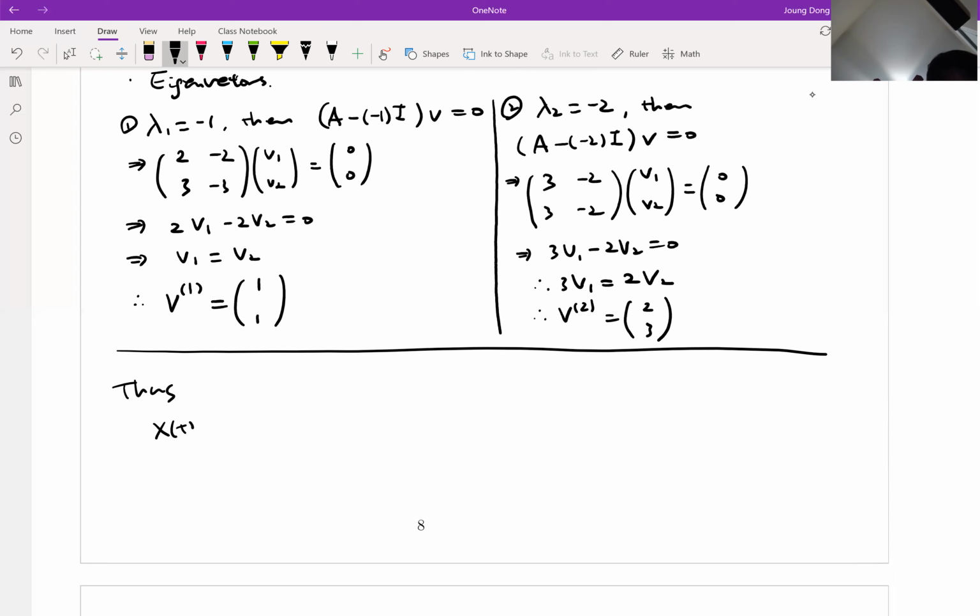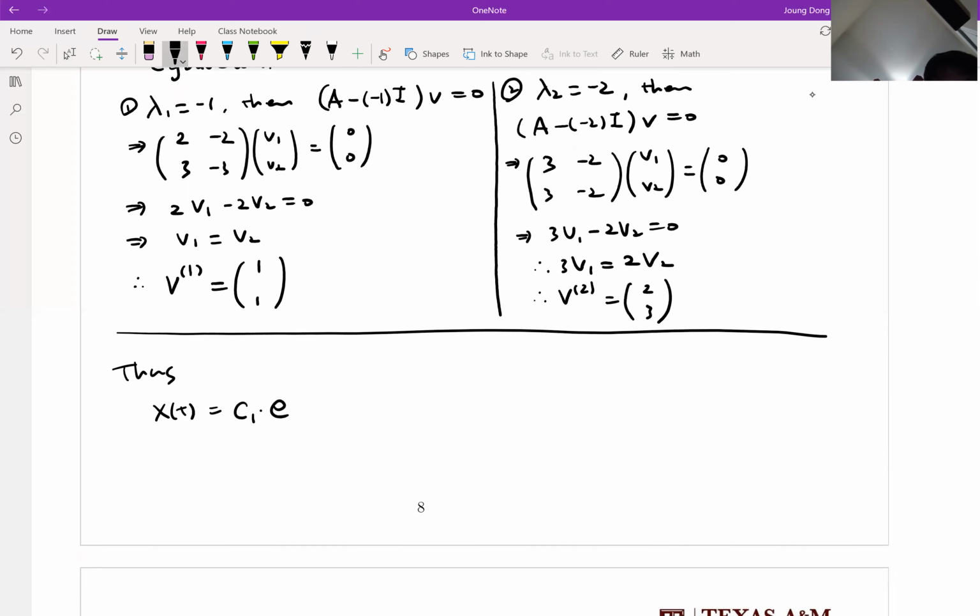My solution, x(t), is equal to coefficient c1 times e to the first eigenvalue, which is -1, so e to the minus t, times the eigenvector (1, 1), plus c2 times e to the second eigenvalue, which is -2t, times the eigenvector (2, 3).